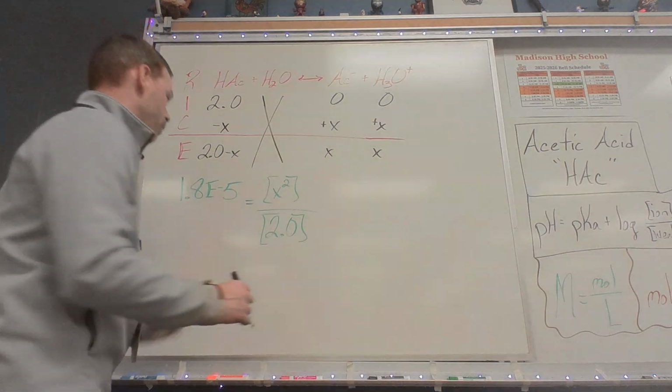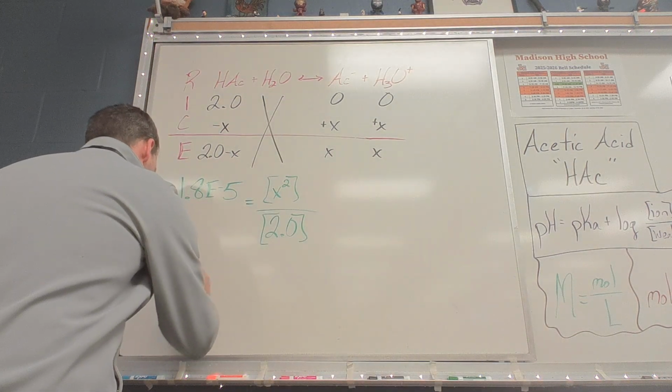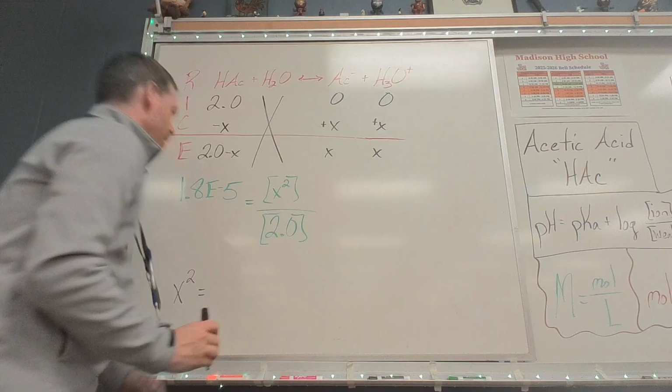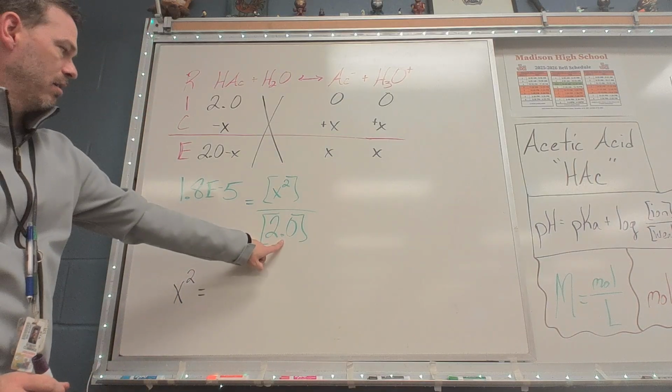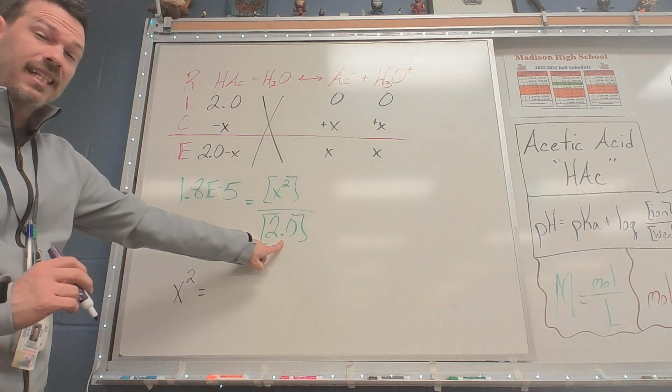Simplify. You'll get X squared equals 3.6 e negative 5.